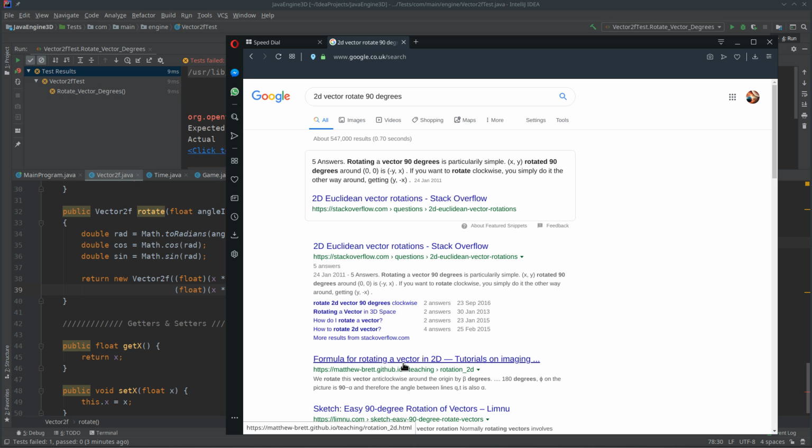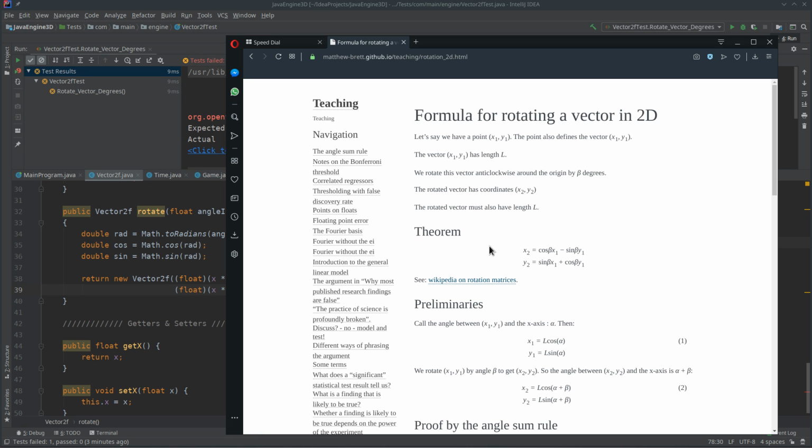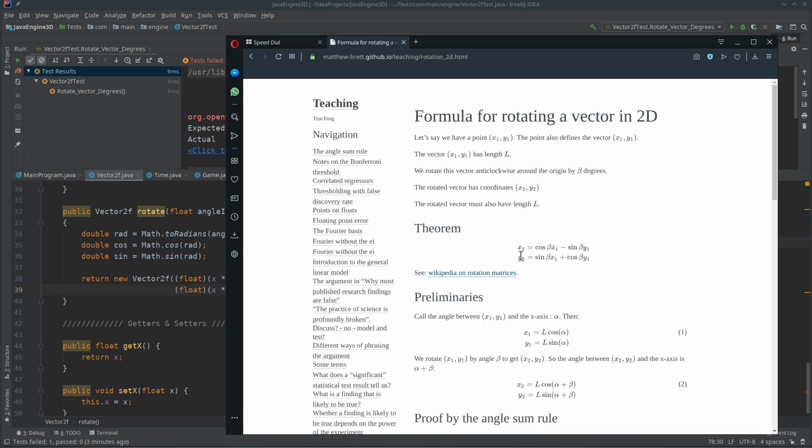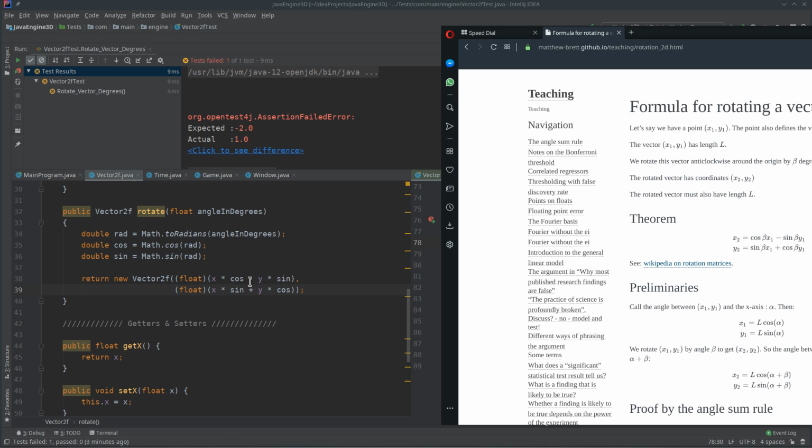Formula for rotating a vector in 2D. Alright. Cos x minus sine b. What have I put in? Cos x minus sine. That's correct. Then sine x cos y. Sine x cos y.